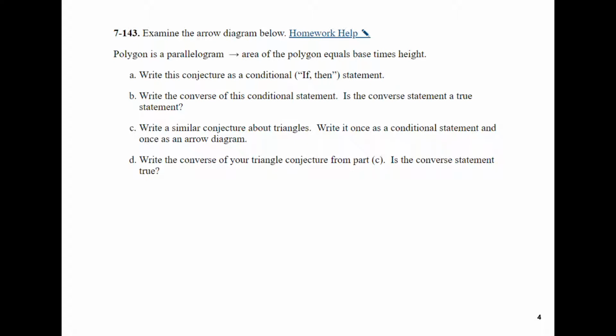So we can say if a polygon is a parallelogram, then its area equals its base times its height.